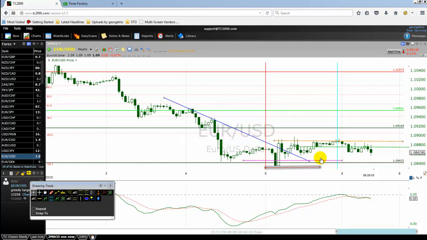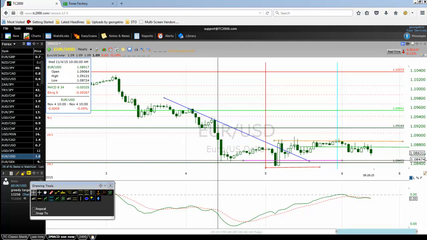This is just because of this economic news coming up soon. So first stop loss at 10832. That's the red line there for the euro dollar. All right. For the second stop loss, it's at 10846. 10846, that's the pink line here.